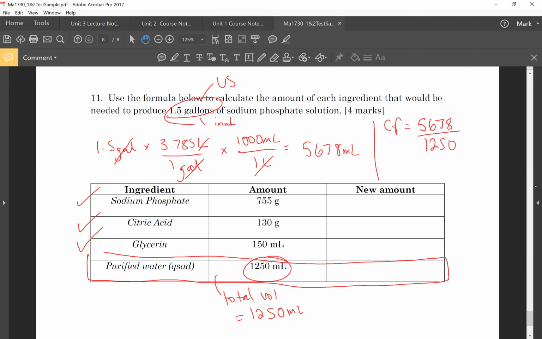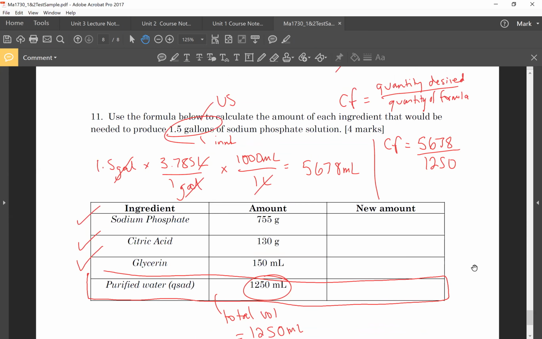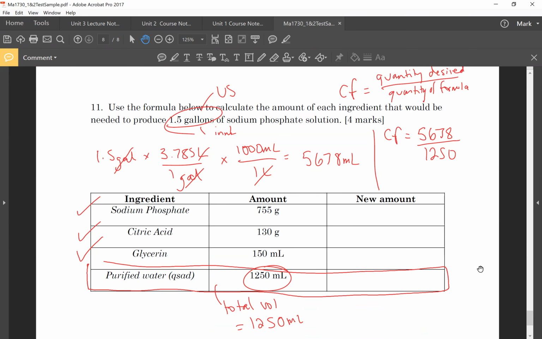This is on your formula sheet: the conversion factor is the quantity desired over the quantity of the formula. So it's the number you're looking for divided by what the recipe says. When we do this calculation, we end up getting 4.54.